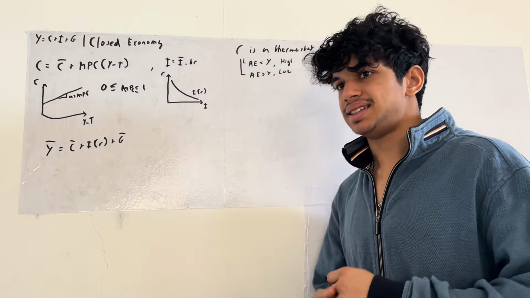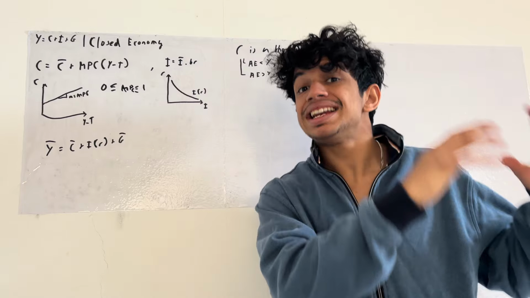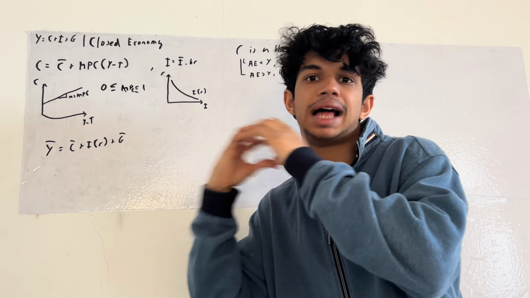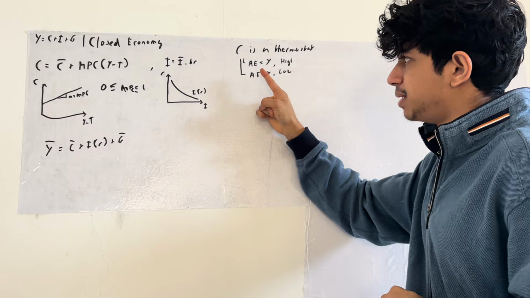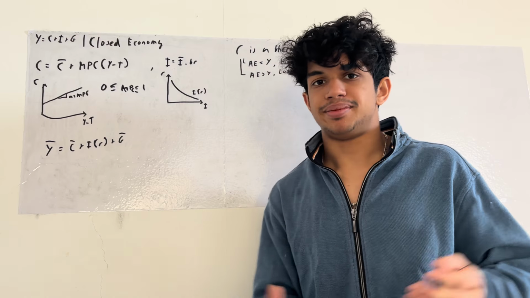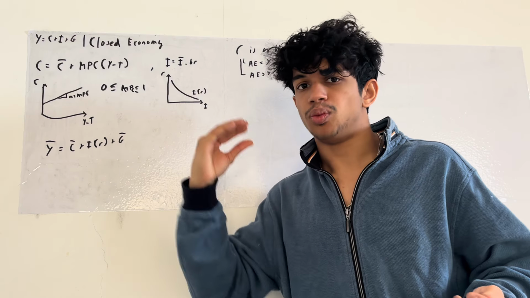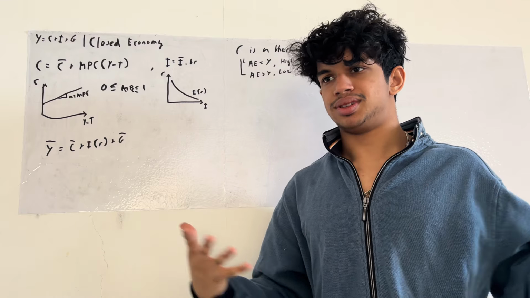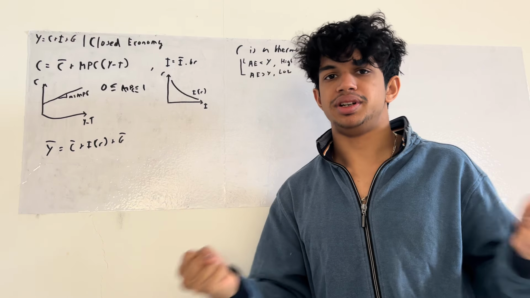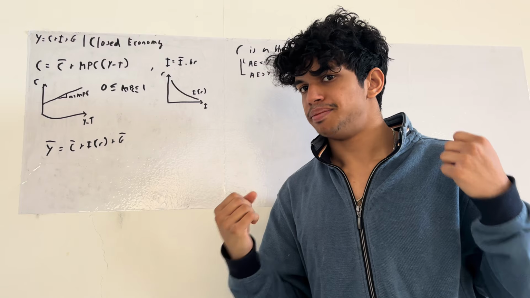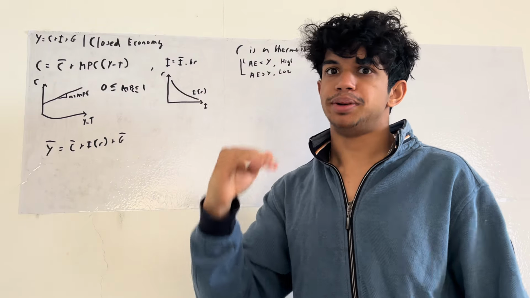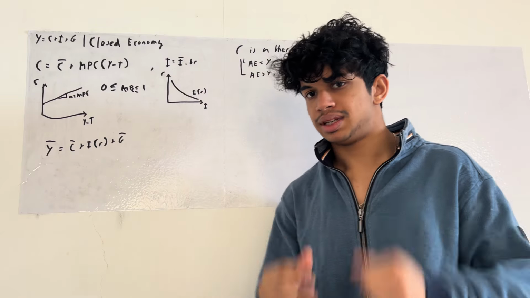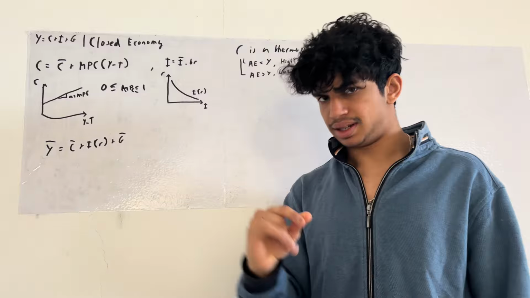So there is less planned expenditure than there is total output. Basically AE, that's what it stands for. AE is planned expenditure. So AE will be less than Y. So firms will start overproducing, which is bad because then next year they'll start reducing their output and eventually they'll reach equilibrium. This cools down the economy.